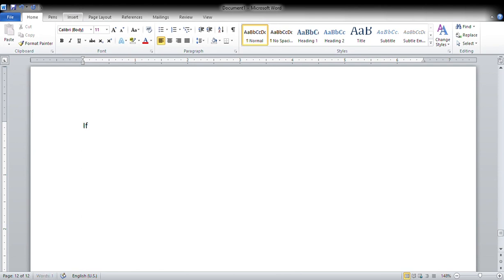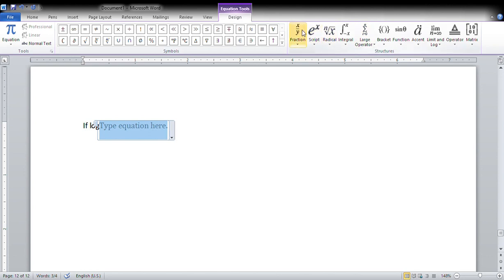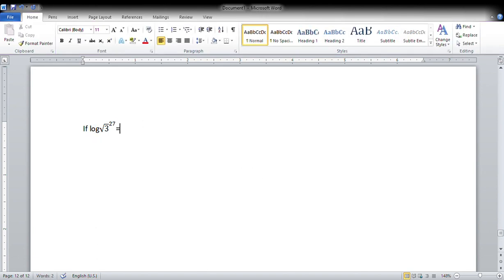The question is: if log 27 with the base root 3 is equal to x, we have to find the value of x.